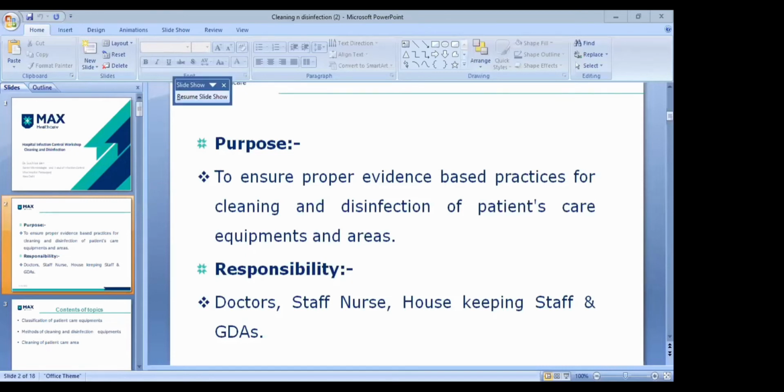Now, what we usually come across is that cleaning practices in most of the hospitals are often suboptimal. We emphasize that daily cleaning of surfaces near the patient is often performed poorly, and with different methods we try to quantify whether the cleaning is done properly or not.